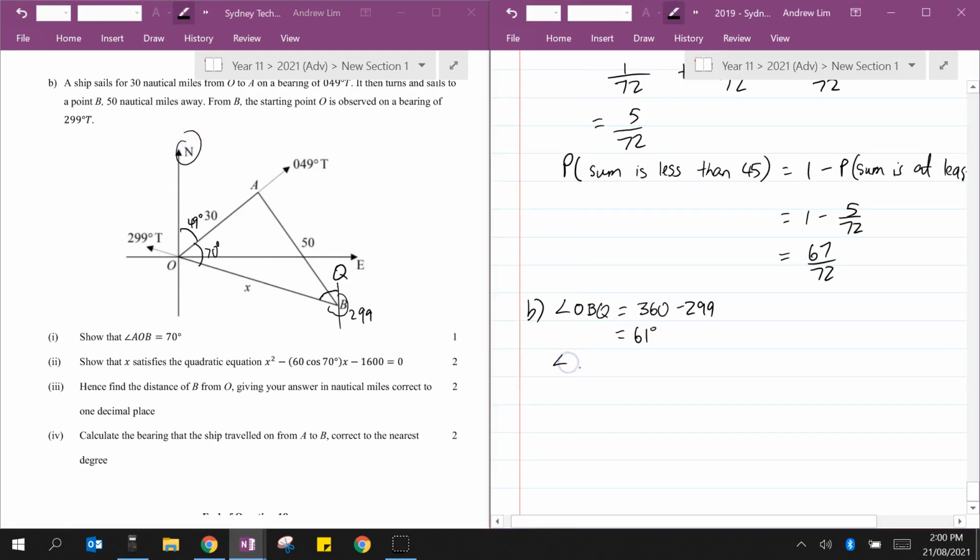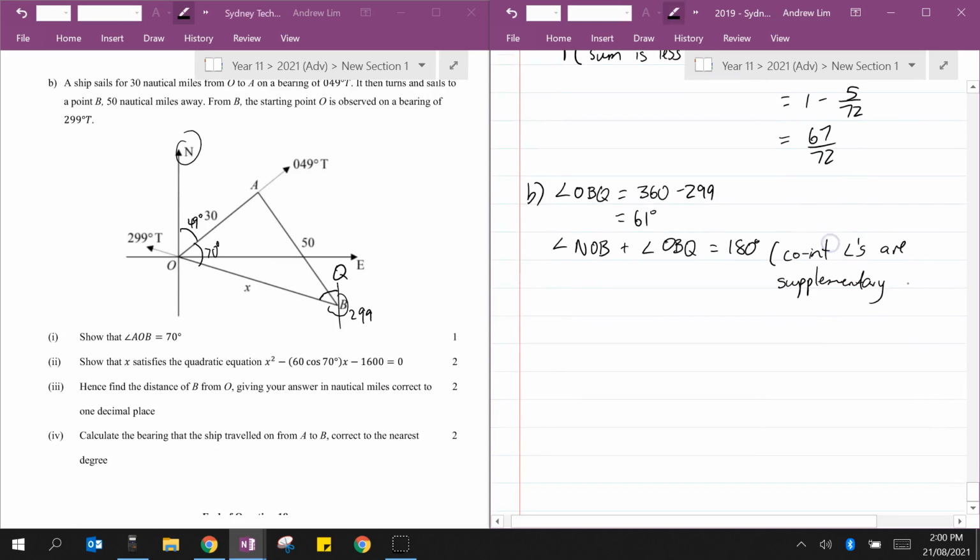Angle NOB plus angle OBQ has to equal 180 degrees because co-interior angles are supplementary on parallel lines.